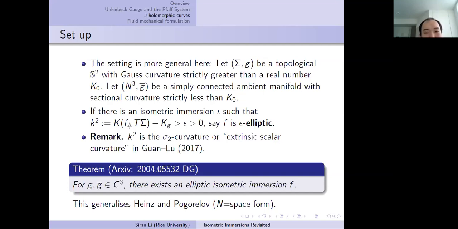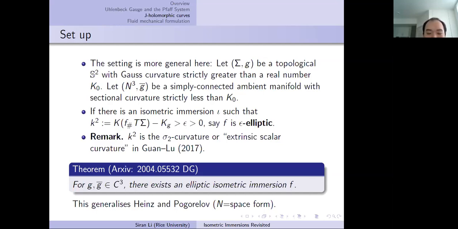Here we only need the sectional curvature to be strictly less than k0. So this N3 doesn't have to be of constant sectional curvature. It doesn't have to be a space form, but there are some strict inequalities for the curvatures here. So if there is an isometric immersion such that the difference between the two curvatures is greater than or equal to epsilon, which is strictly positive, then in Labourie's paper f is called epsilon-elliptic.